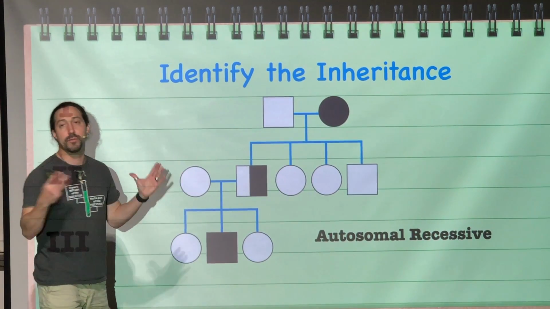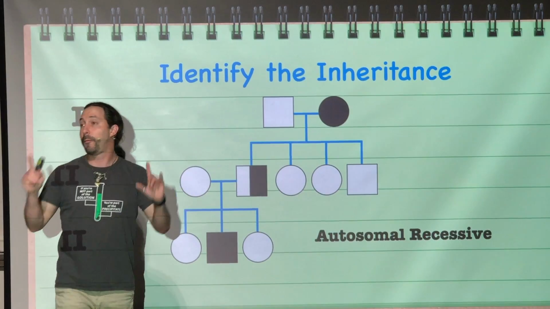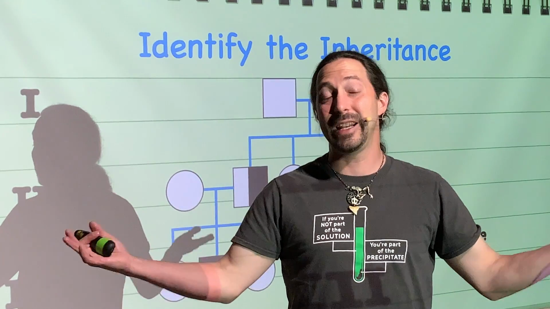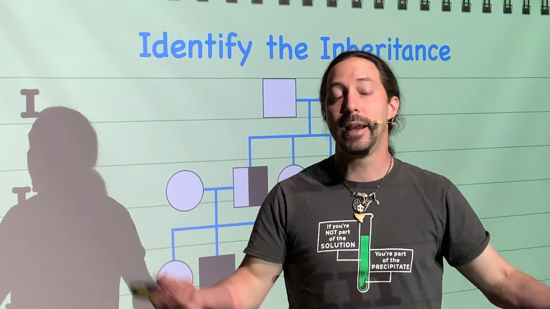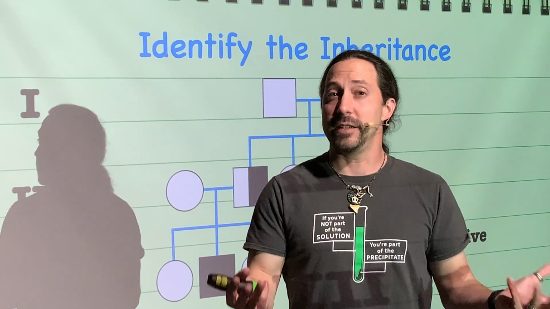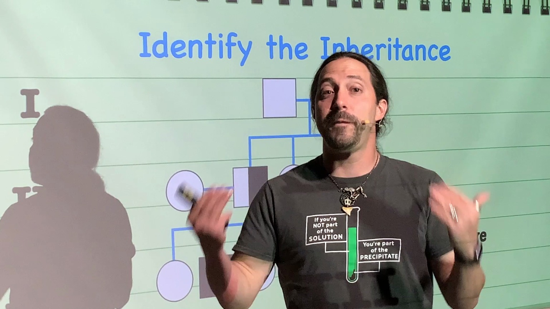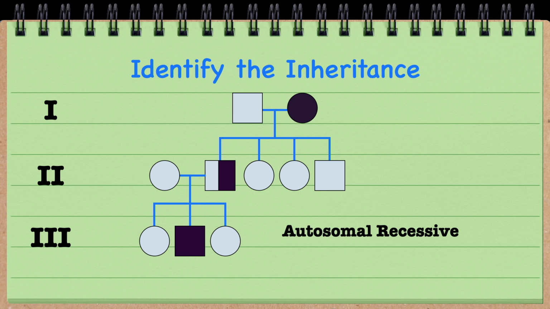Why would this have had to have been autosomal recessive? Well, first, recognizing that generation 2, again, didn't show any individuals with that particular trait. And that means it must be recessive. Second thing that we know is that individual 1-2, the female parent, expressed the trait and thus must have been homozygous recessive for that particular trait.